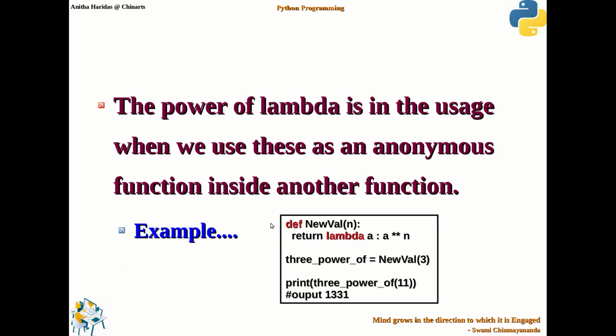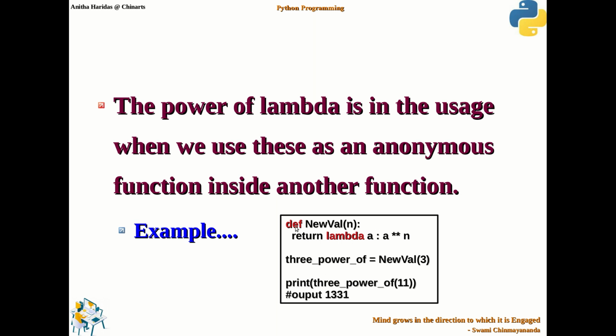Now, the interesting part is when we are going to use this lambda function. The power of lambda function is in usage when we use these functions inside another normal function. So this is where the power of lambda function appears. I am going to show you an example here.